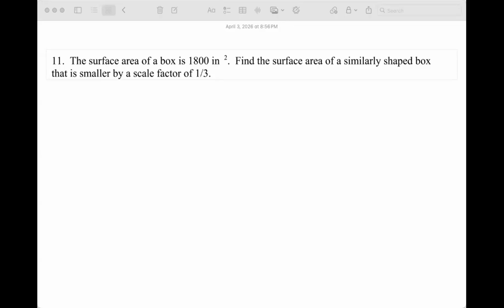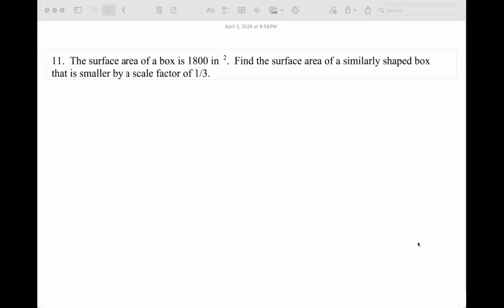First let me give you some problems. Did you finish this problem? Find the surface area of a similarly shaped box that's smaller by a scale factor. I did not check the answer for this one, I was just talking to you guys. Ananya, that's right. The others, did you find out the answer? I was kind of confused.